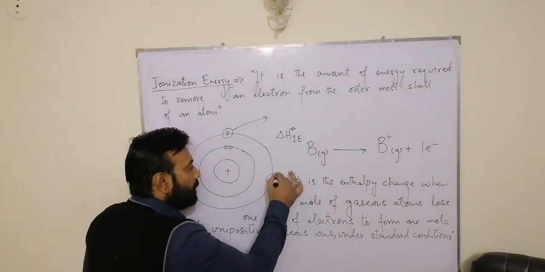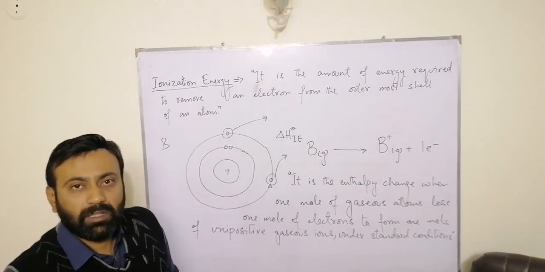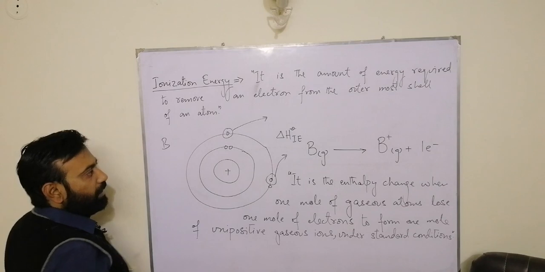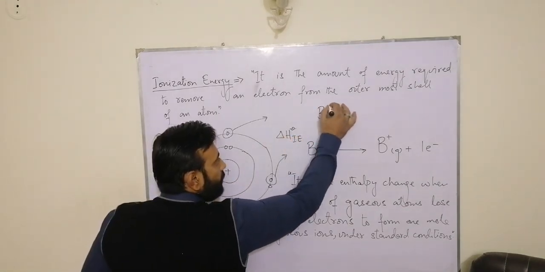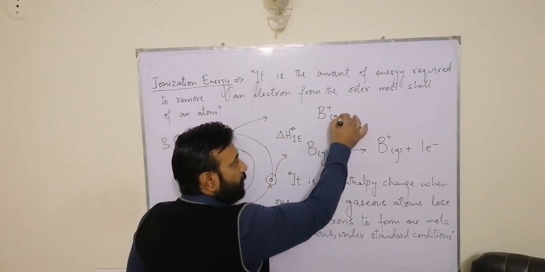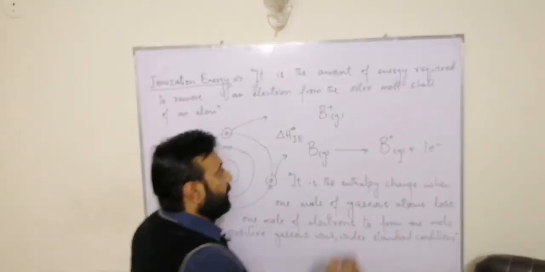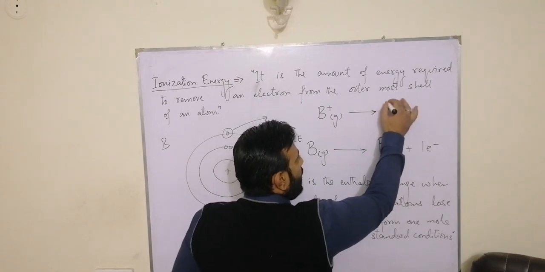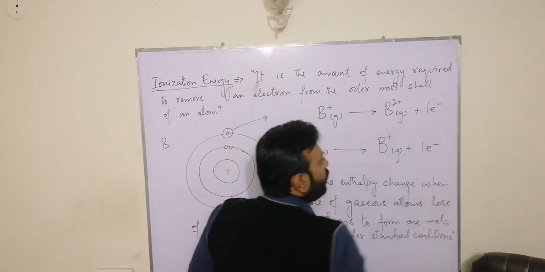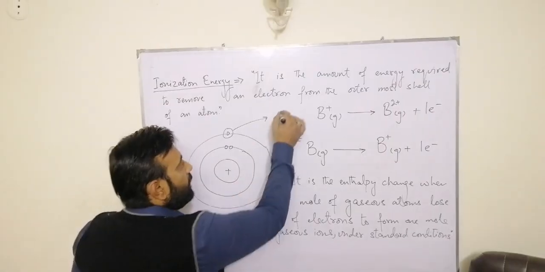If another electron is lost from the outermost shell, then the energy required for that electron to be removed will be called the second ionization energy, and the equation in this case will start from unipositive ions, of course gaseous, because we do not want other forces to change the value of energy, and bipositive ions will be formed, again gaseous, and only 1 mole of electrons will be lost.